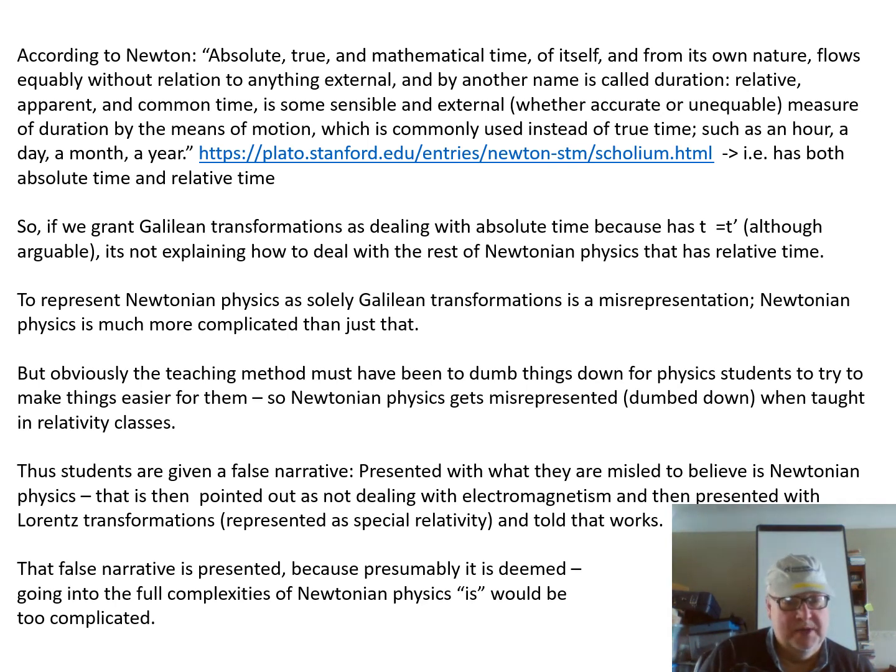That is then pointed out as not dealing with electromagnetism and then they are presented with Lorentz transformations represented by special relativity and told that that works. That false narrative is presented because presumably going into the full complexities of what Newtonian physics is would be too complicated for the poor students.